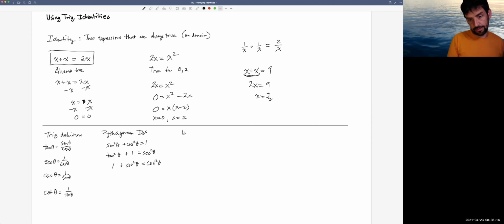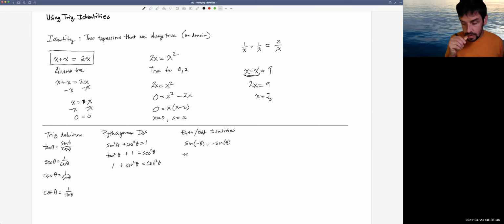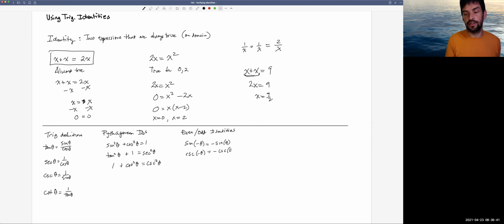And then we also talked about our even and odd relationships, and we can think about these as identities, right? So for instance, all of our odd functions: sine of negative theta equals negative sine of theta. Cosecant of negative theta equals negative cosecant of theta. Tangent of negative theta is equal to negative tangent of theta.